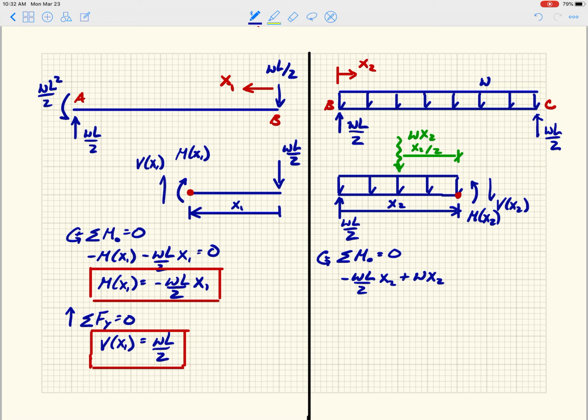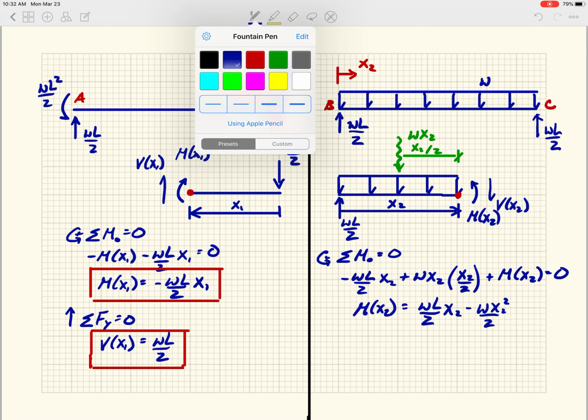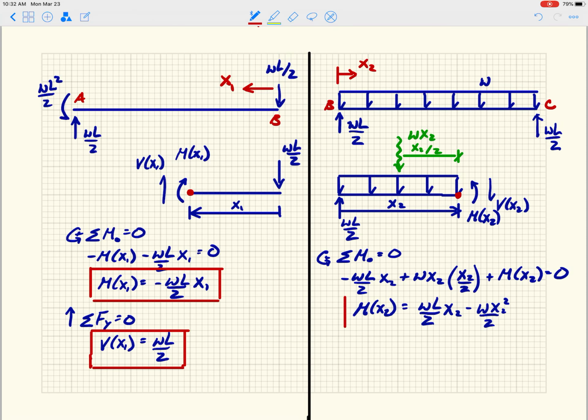That's the total amount of distributed load that's on here, and its moment arm is x2 over 2. And then we get a moment of x2, which is our internal force there. And so our M of x2 is WL over 2 times x2 minus W x2 squared over 2. So I'm going to box that guy.